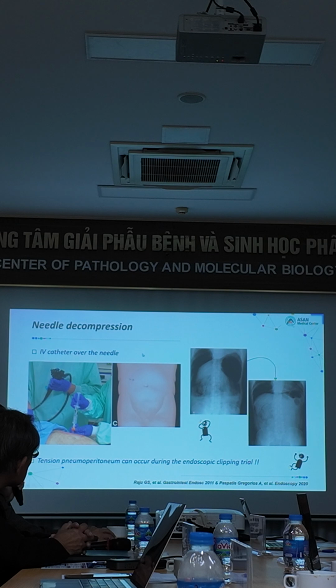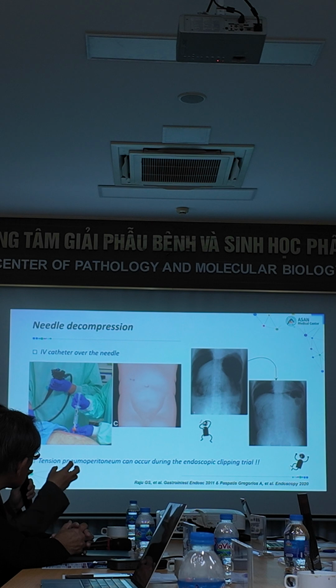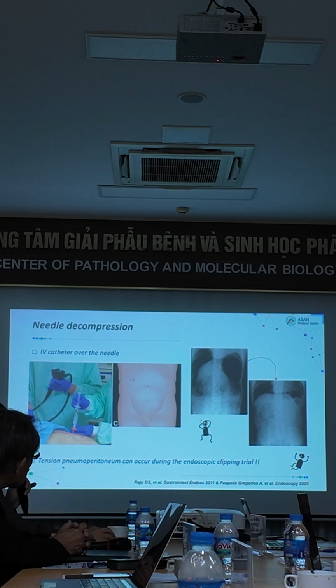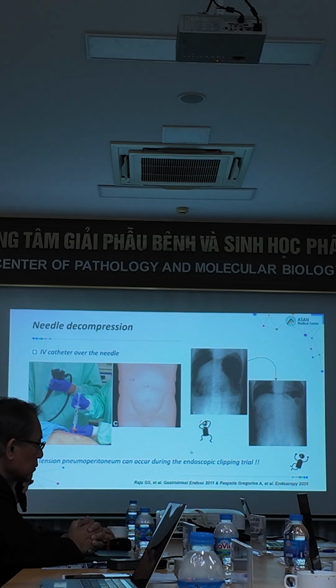As I mentioned right before, needle aspiration should be performed for symptomatic pneumoperitoneum by using an IV catheter or something like that. And tension pneumoperitoneum can occur during the endoscopic clipping trial because the amount of inflated air during the long time of clipping trial can be very large, and it can leak out through the peritoneal cavity, thereby causing tension pneumoperitoneum.